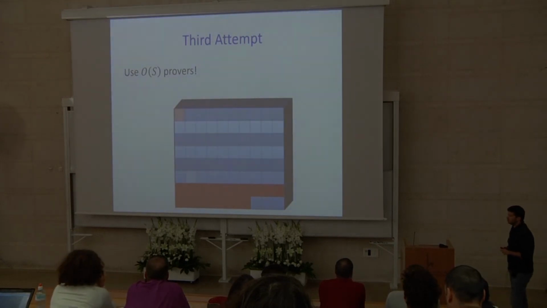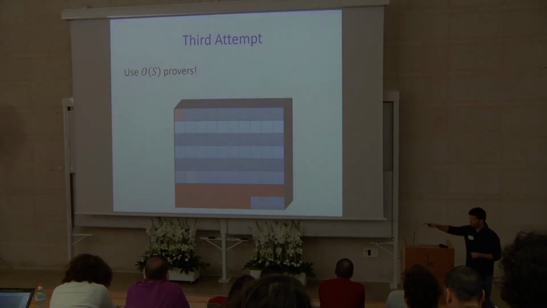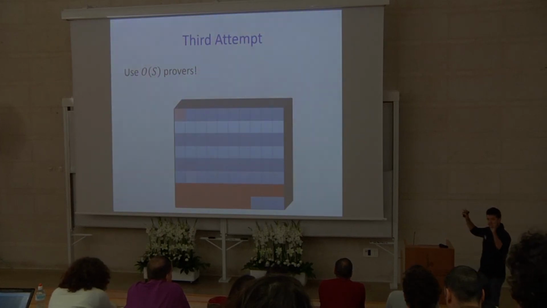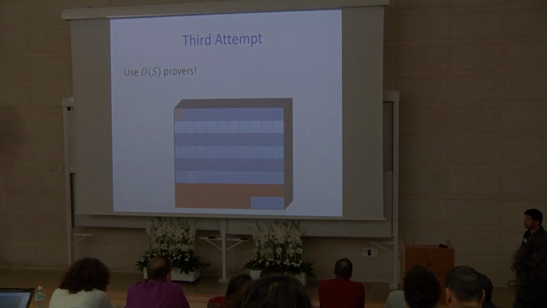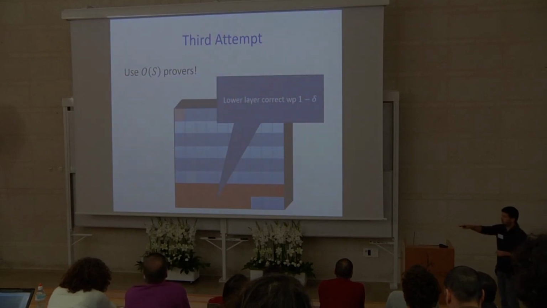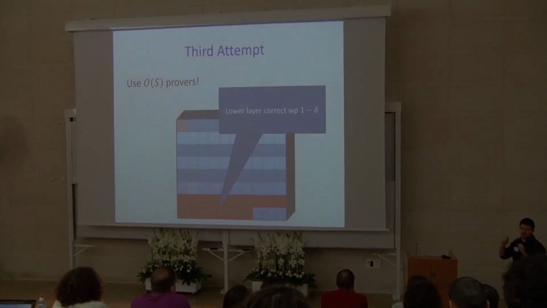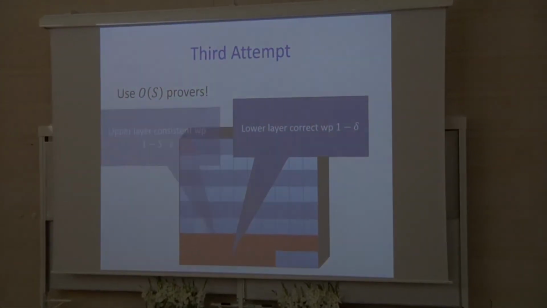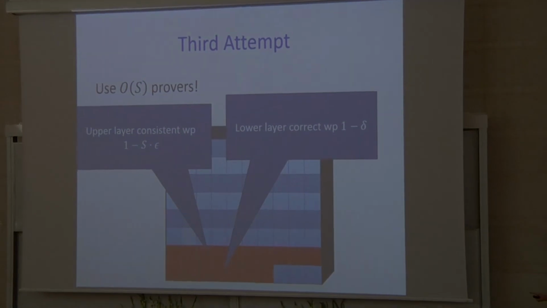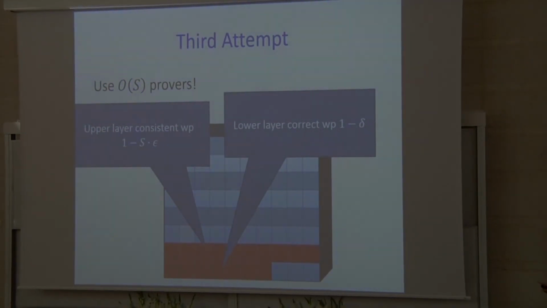And the idea is as follows. Let's try to read the entire first and second layers of the computation through this notion of reading through random lines. We know that the entire lower layer is correct with probability 1 minus delta. That's because we explicitly checked this. We know that each one of the gates in the second layer is consistent with probability 1 minus epsilon.